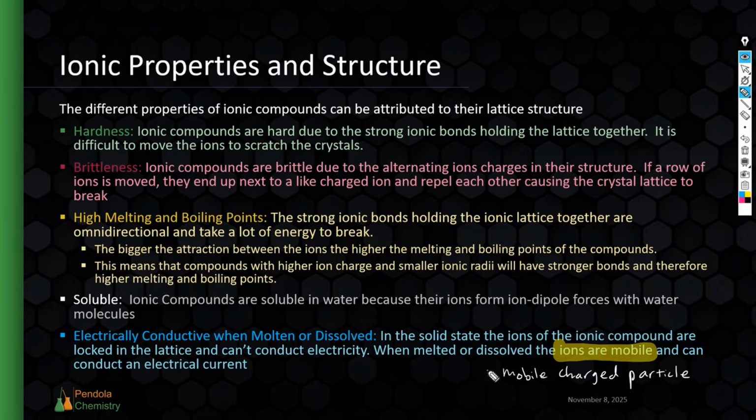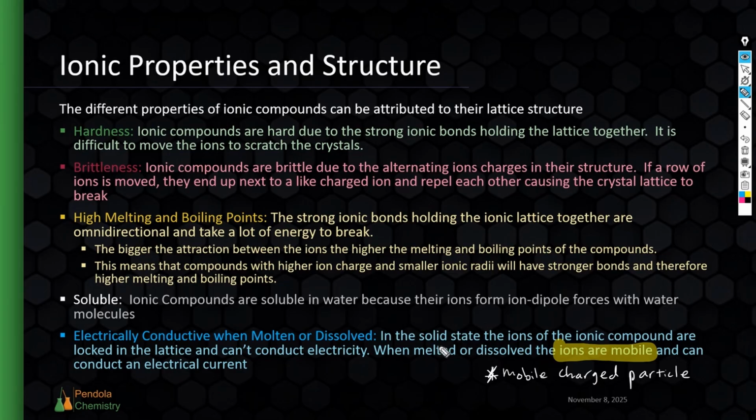In order for something to conduct electricity, it needs to have a mobile charged particle. Now, mobile means that it can move around. Charged particle means that it has a charge. So ions are charged particles, electrons are charged particles. So with ionic compounds, they conduct electricity when melted because they have ions, which are charged particles, that are mobile.